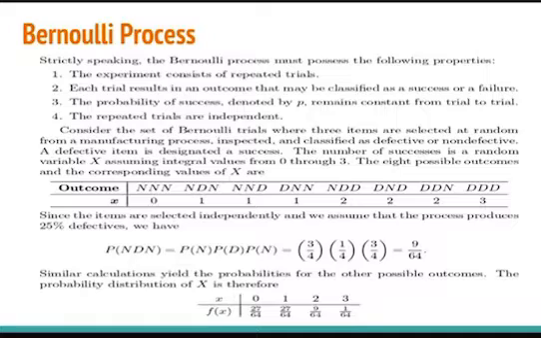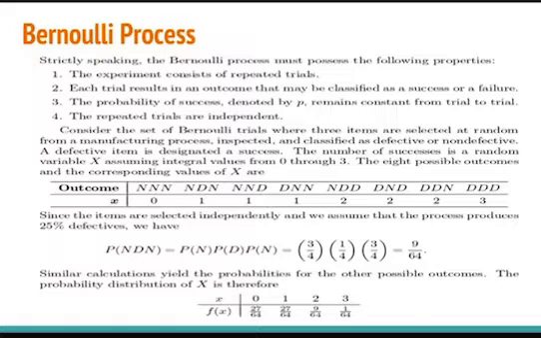Now, this is just an example of a Bernoulli process. The Bernoulli process must possess the following properties. Number 1, the experiment consists of repeated trials. Let me tell you this: I can go from Bernoulli to binomial. When the number of trials equals 1 and I have two possible outcomes, we call that Bernoulli.